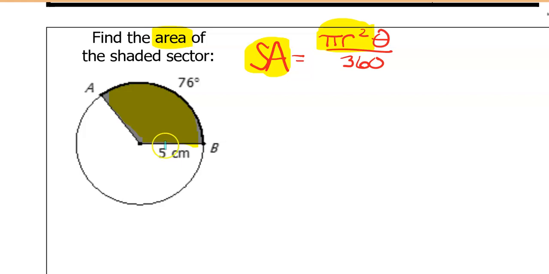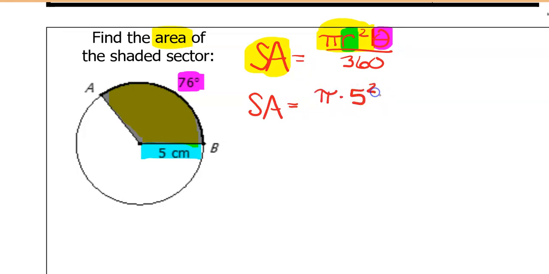Then we start plugging stuff in. 5 centimeters is the radius of my circle. 76 degrees is measured in degrees, and that's all it takes to make that theta. So sector area, we don't know, but pi times my radius squared times 76 degrees out of 360.